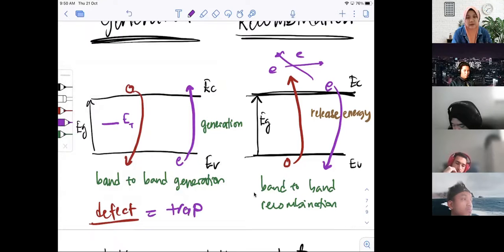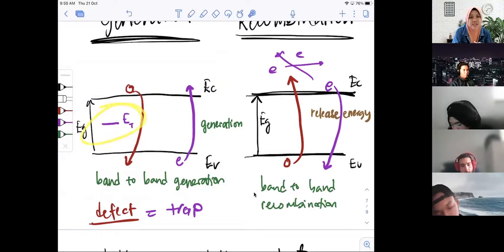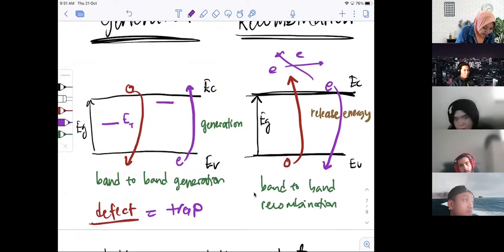Sometimes we call it a defect, sometimes a trap. If it is electronically active, it will manifest itself as an energy state inside the band gap. It can be anywhere, it can be multiple, many.